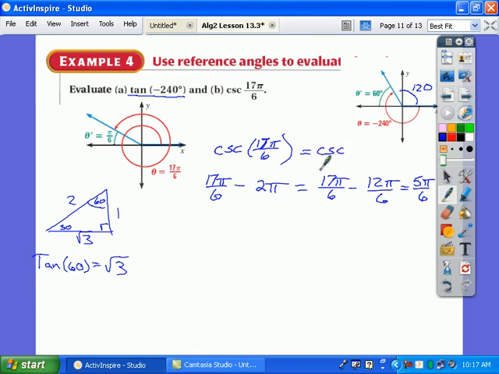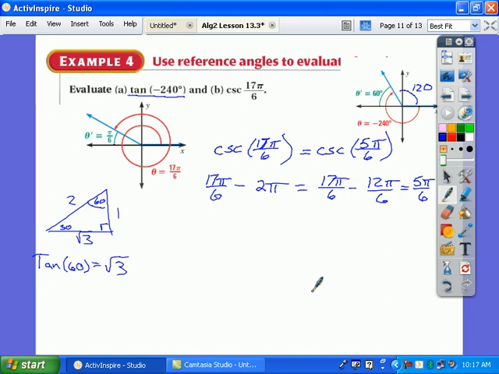So now the question is, what quadrant is 5 pi over 6 in? The idea here is that 5 pi over 6 is smaller than 1 full pi. To make it 1 full pi, it would have to be 6 pi over 6. So that tells you that 5 pi over 6 is in the second quadrant.